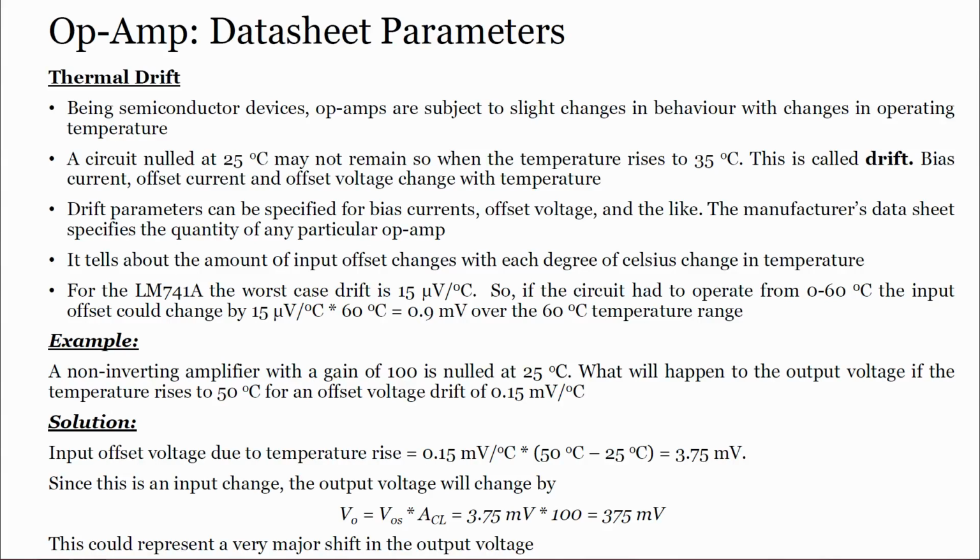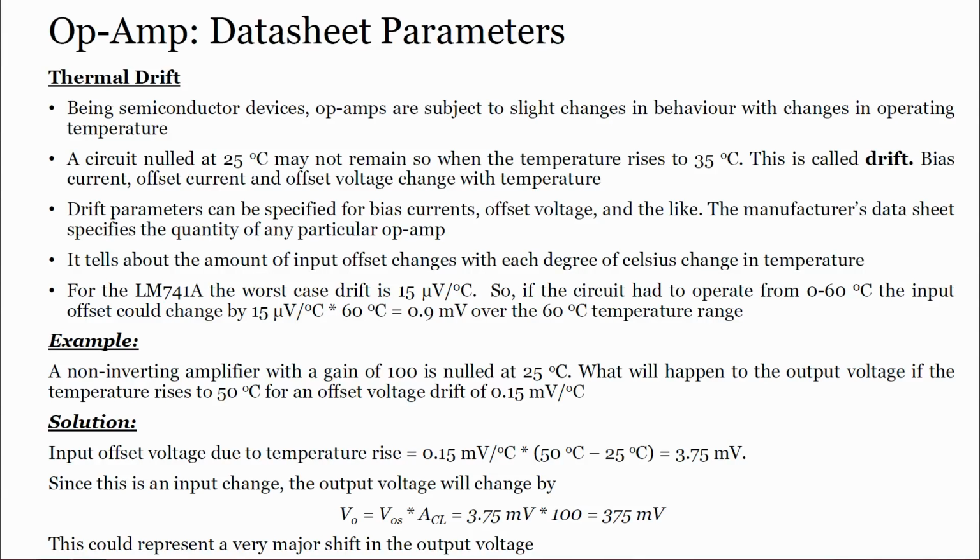Thermal drift parameters can be specified for bias currents and offset voltage. The manufacturer data sheet specifies the quantity for any particular op amp. It tells about the amount of input offset change with each degree Celsius change in temperature. For example, if you take LM741A, the worst case drift is 15 microvolts per degree centigrade.